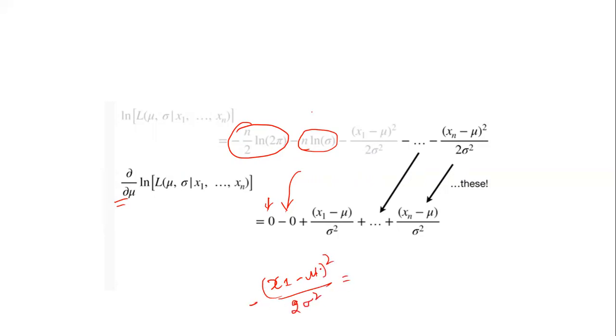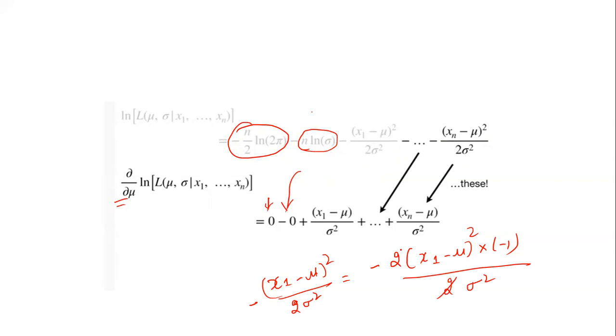When you take the derivative, it becomes minus 2 into x1 minus mu, into minus 1. We are taking the derivative with respect to mu, so here you have to apply the chain rule. So this minus 1 will also be multiplying, divided by 2 sigma square.